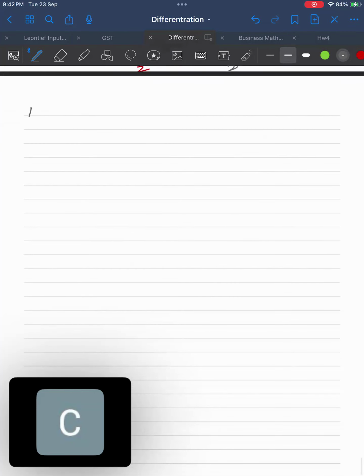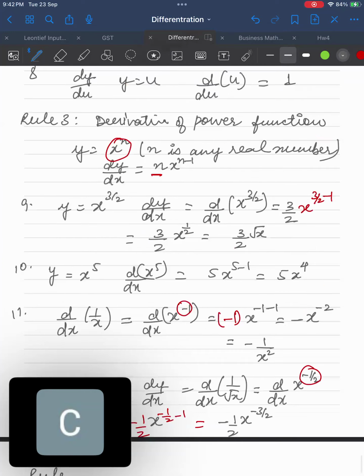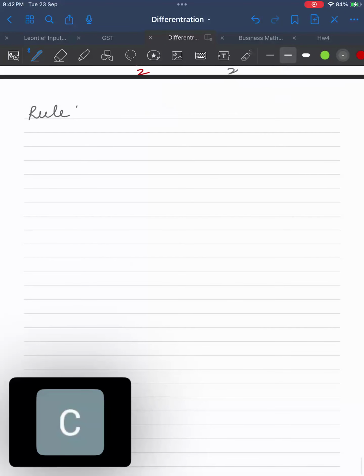Now, let's talk about another rule. We have done 3 rules. Come to rule 4. I'm doing lots of questions so that you will get comfortable with the basics.